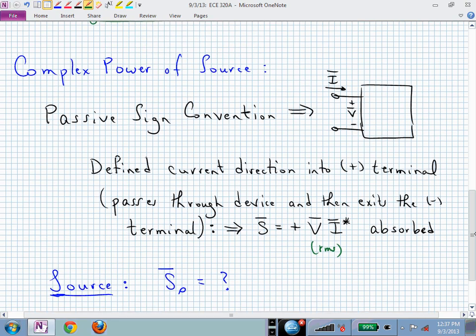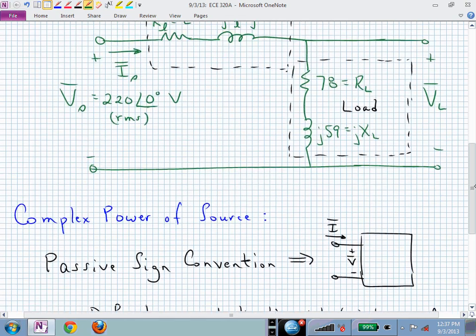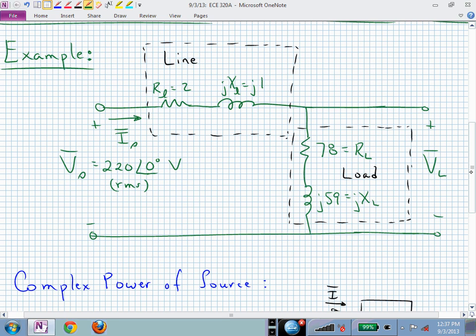Let's now find the complex power of the source. Now, if we're doing that, what's the expression that we are going to use? What's our expression for the complex power of this source? How do we want to define it, or how do we define it? If I said, give me the expression for how much complex power that source is absorbing, what would the expression be?